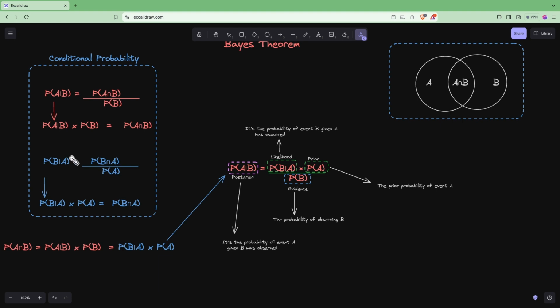What is the probability of B given that A has already occurred?